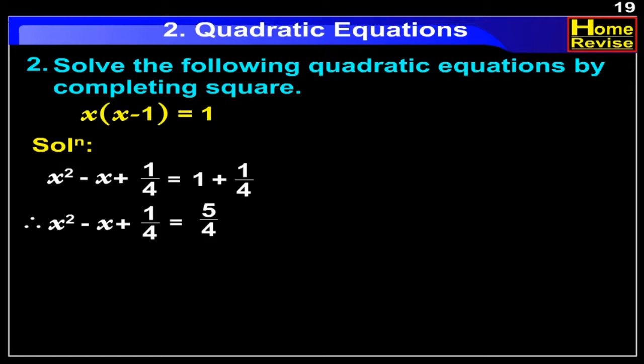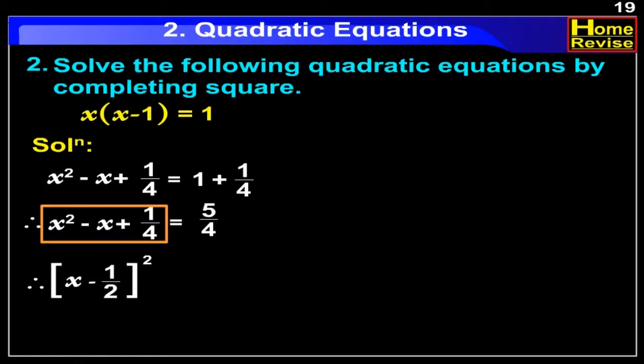Now, x square minus x plus 1 upon 2... x square minus x plus 1 upon 4 on the left hand side is the square of x minus 1 upon 2. Therefore, x minus 1 upon 2 whole square is equal to root 5 upon 2 whole bracket square.